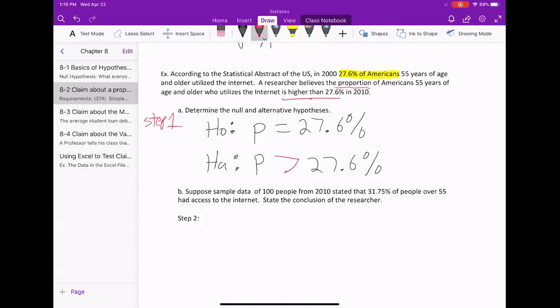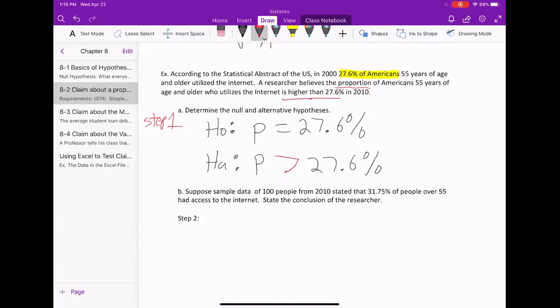So everything is in the problem to do step 1. We have our null. We know it's a proportion problem, so we use the symbol P. The null is always equal to the value that everybody believes to be true, and we're basing it off this statistical abstract that says in 2000, 27.6%. We're assuming that to be true. And then a researcher, us, the statistician, believes it to be higher.